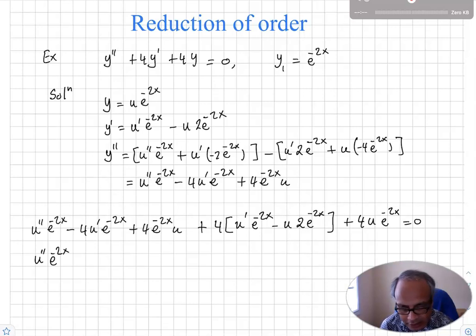So I think first thing we can perhaps look at here is u prime and u prime, and we can see that the u prime terms get cancelled. So this one and this one get cancelled. If we look at the u term, this one is a 4u e to the power minus 2x.